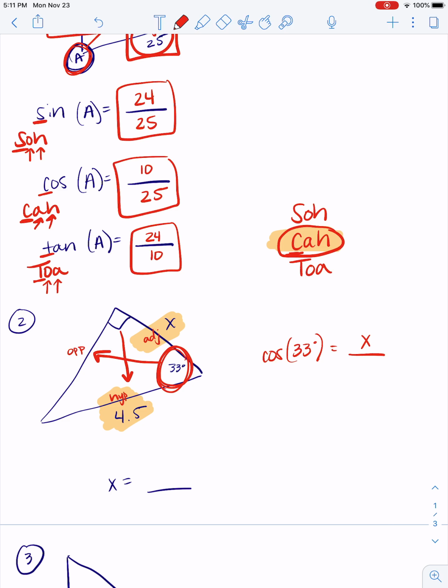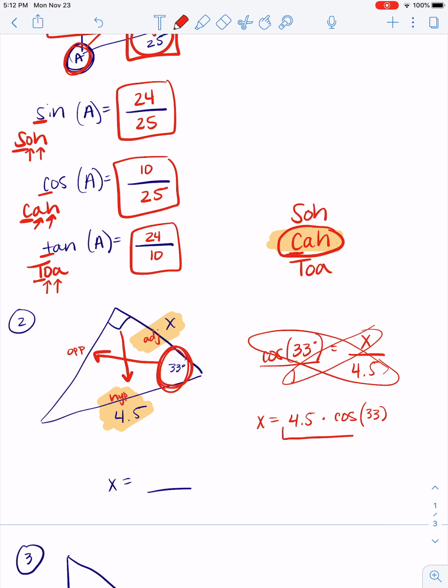H on the bottom, hypotenuse is 4.5. Okay? Then you're going to put this over 1, and we cross multiply. At least that's how I do it. So x times 1 is x equals 4.5 times the cosine of 33 degrees. Okay? And then this part right here, you plug in your calculator. So 4.5 times cosine of 33.